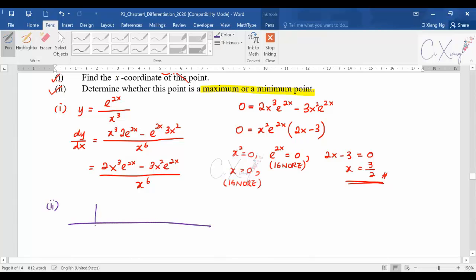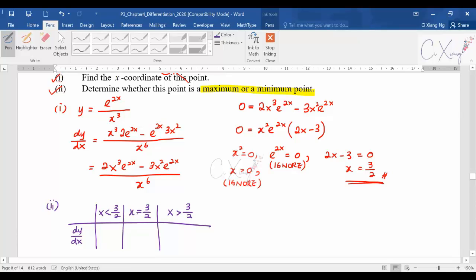So what is the table method? You need to draw the table. I'm having the dy dx here. What's my stationary point? x equals 3 over 2, right? So I will write x equals 3 over 2. This one is x smaller than 3 over 2, and this is x larger than 3 over 2.